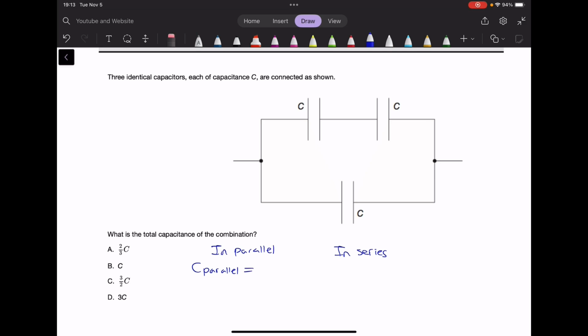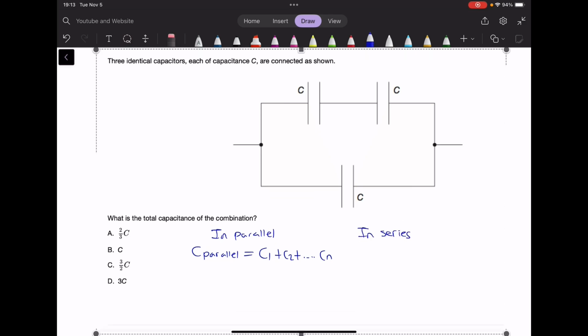So C parallel is equal to C1 plus C2 plus Cn. When capacitors are connected in series, the total capacitance is equal to this. So they're opposite to resistors.